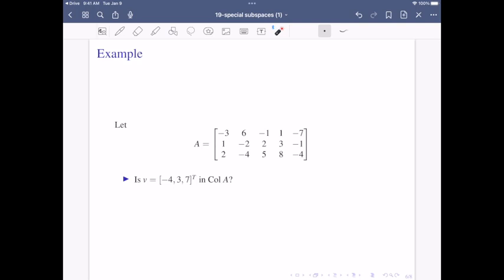So let's look at an example. We have A given as a 3 by 4 matrix, so [A v] is a 3 by 5 matrix.